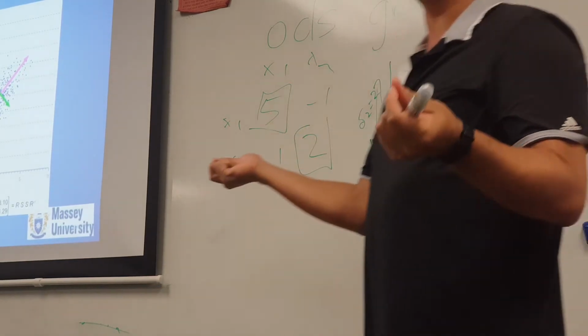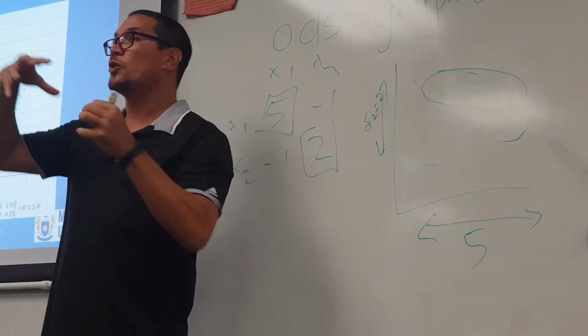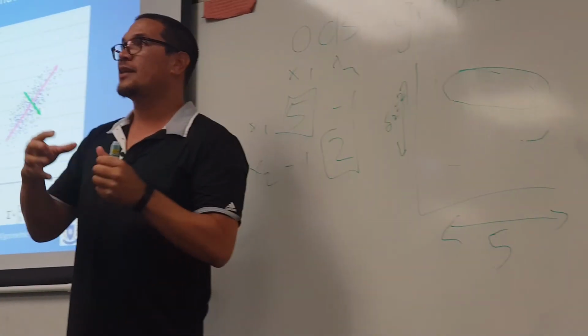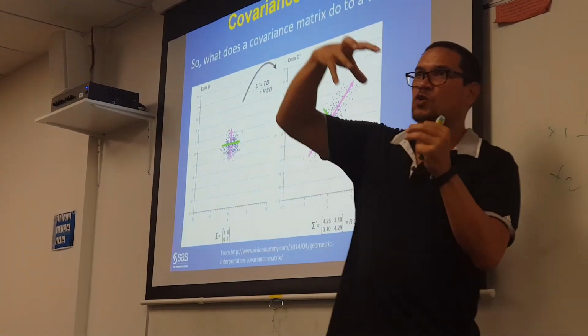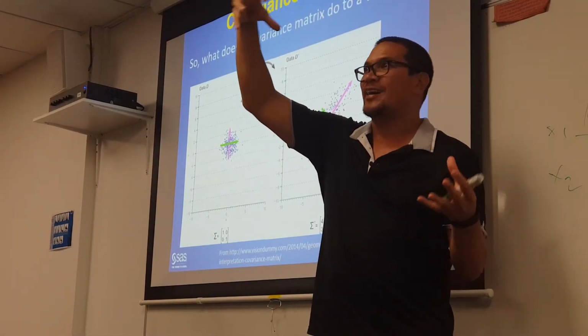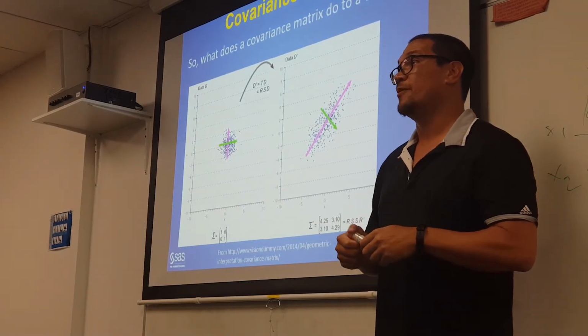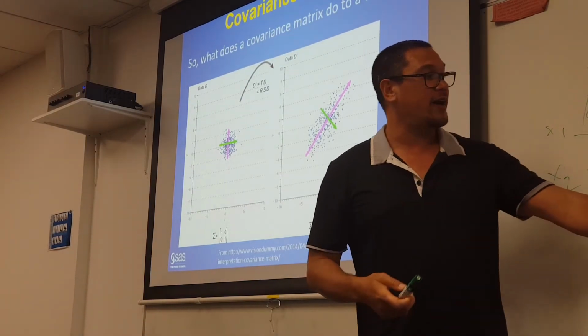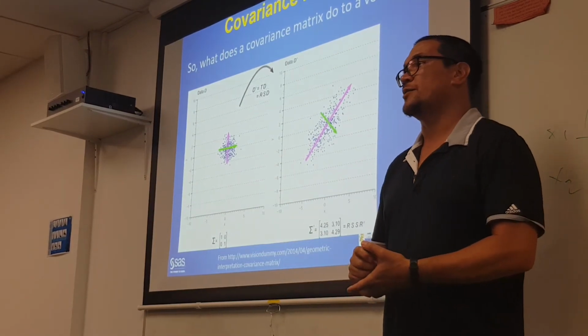My point is that the covariance matrix is a model that acts on vectors to describe a data cloud that lies in a particular shape, and that shape is defined by the values of the covariance matrix.